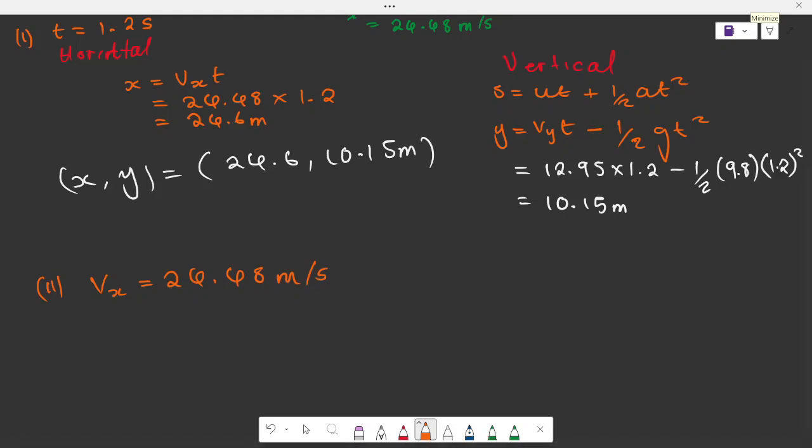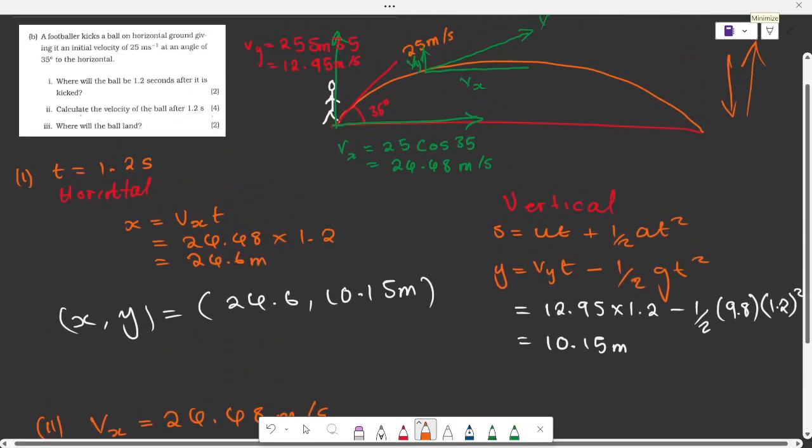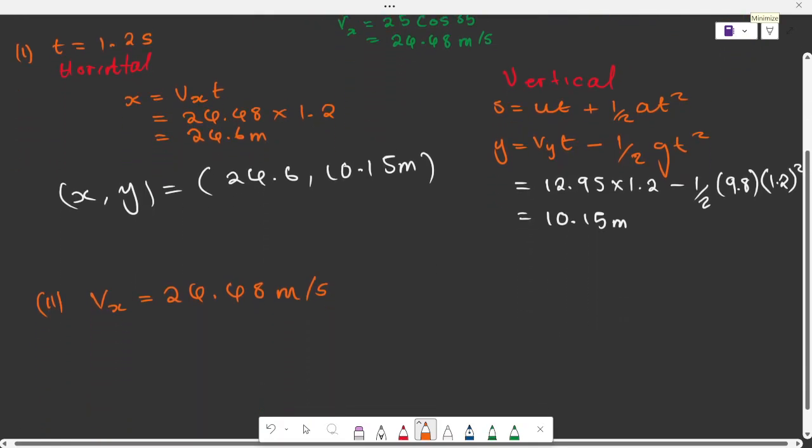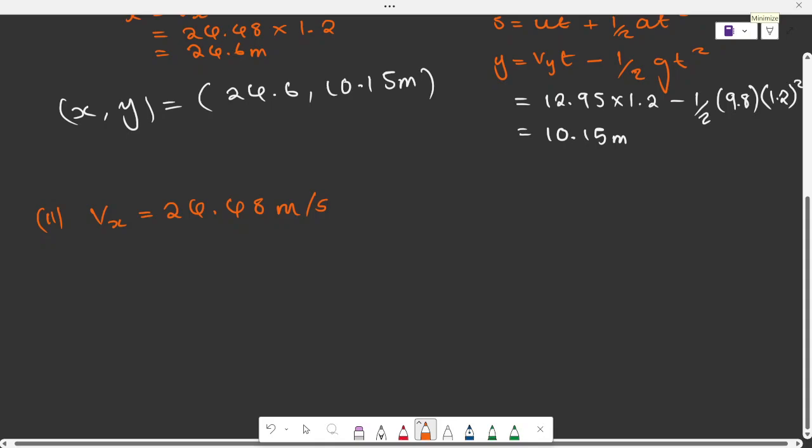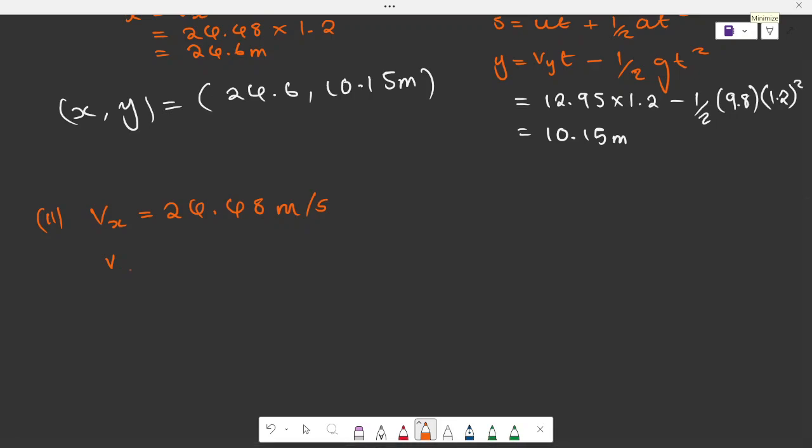The only calculation we need to do is the Vy, and we can calculate the Vy using the equation V is equal to U.